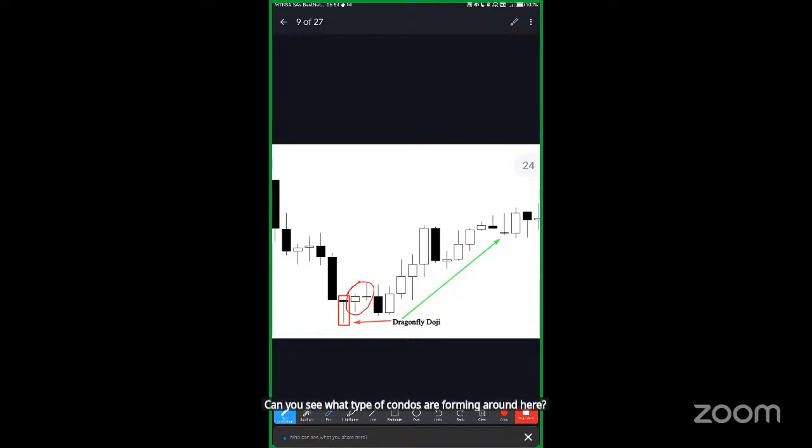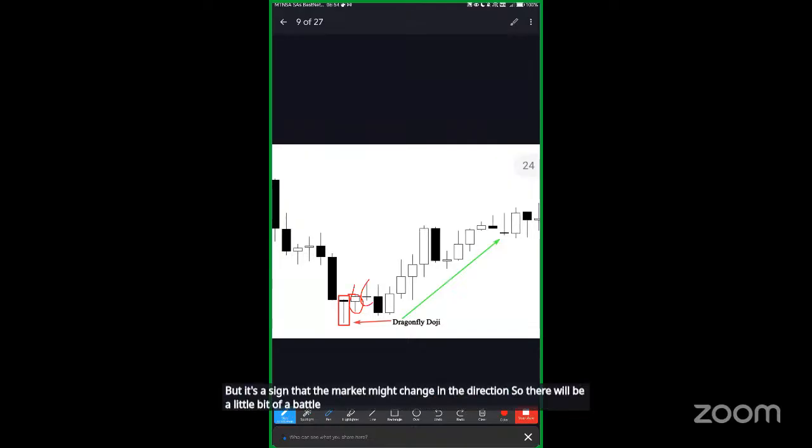I said that sometimes the market does not change immediately, but it's a sign that the market might change direction. So there will be a little bit of a battle, trying to position themselves so that they are in a better position to fight.